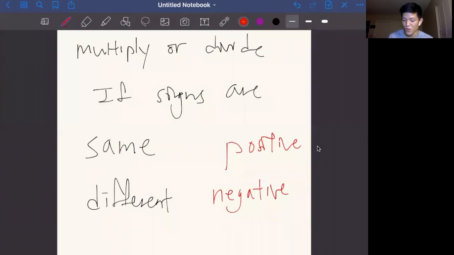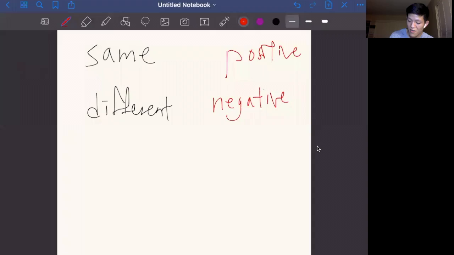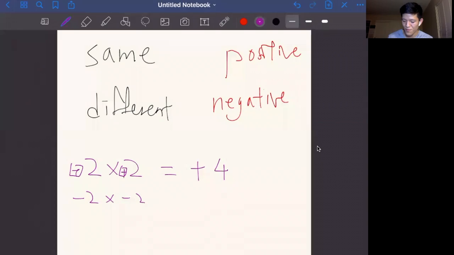Okay? So understanding this, if we have 2 times 2, well, they are both positive, right? We don't see any signs, so that's positive. Then the sign of the answer will also be positive. 2 times 2 is equal to 4. If we have negative 2 times negative 2, signs are again negative and negative.